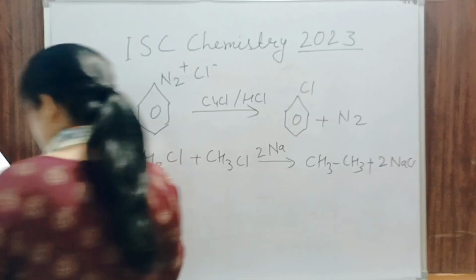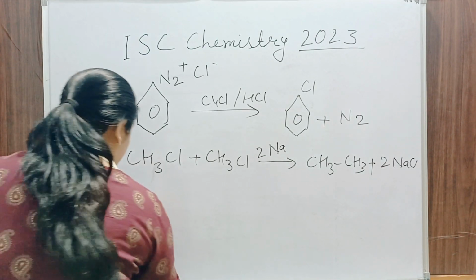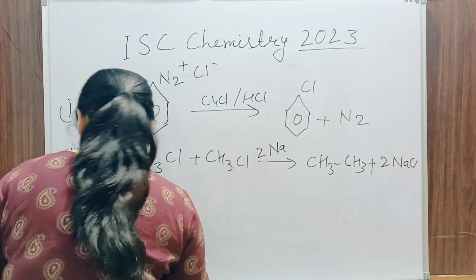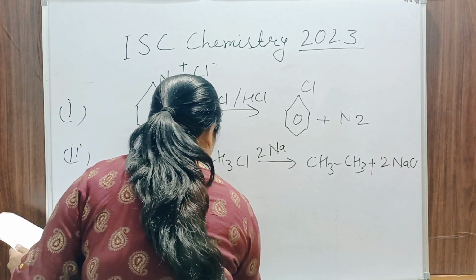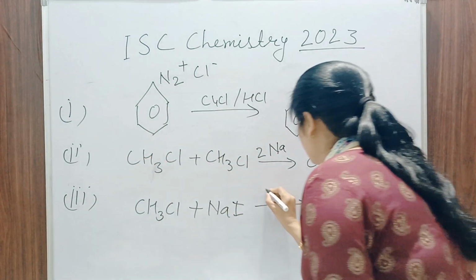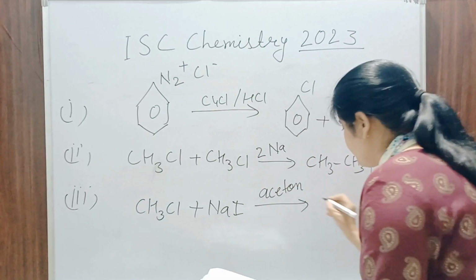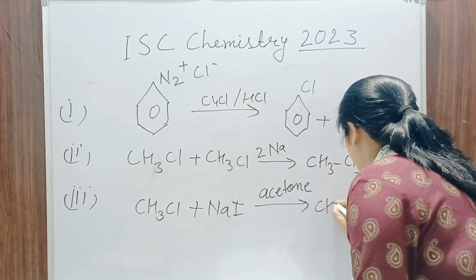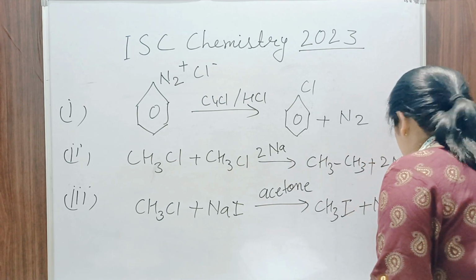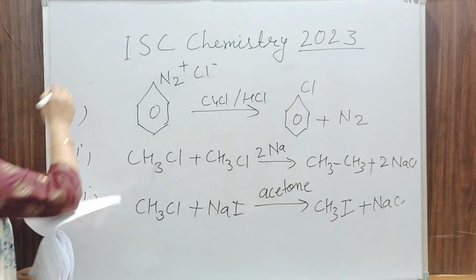Next, the third one is the Finkelstein reaction. Methyl chloride with sodium iodide is performed in presence of acetone. Then it will be changed into CH3I plus NaCl. So this is question number 13.